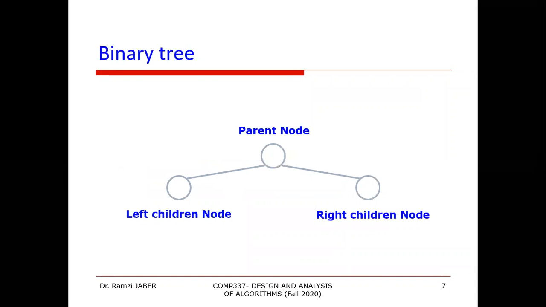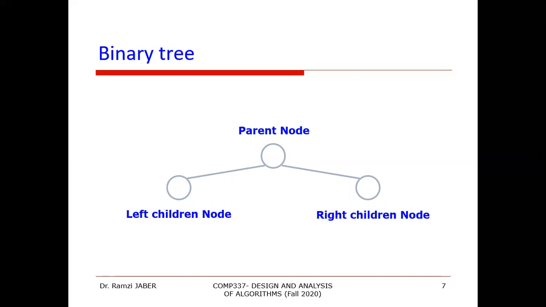First, we'll introduce what is the binary tree. A binary tree contains parent nodes and children nodes. Your left, not screen left, your left is called the left children node, and the right is the right children node.